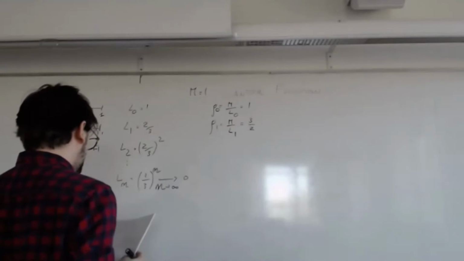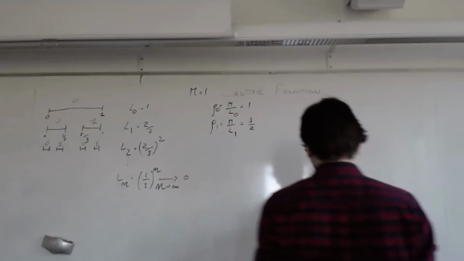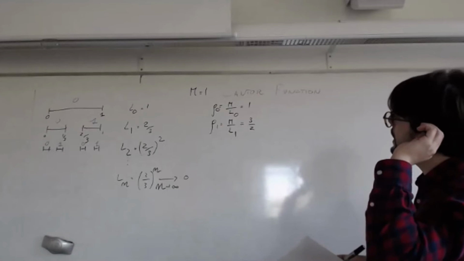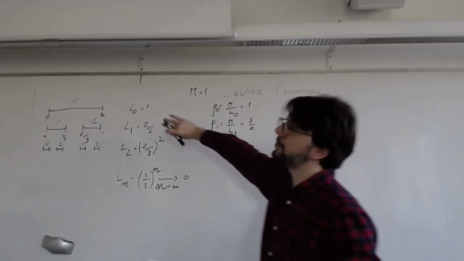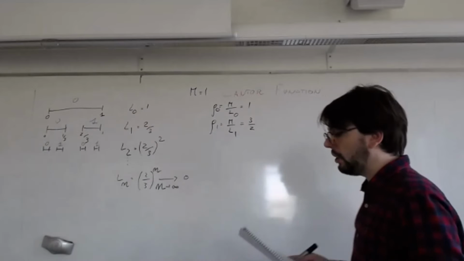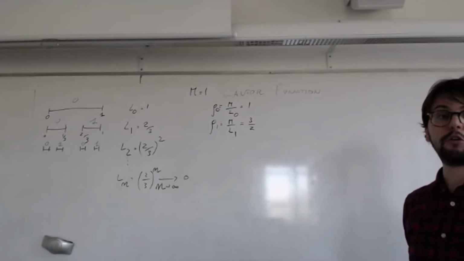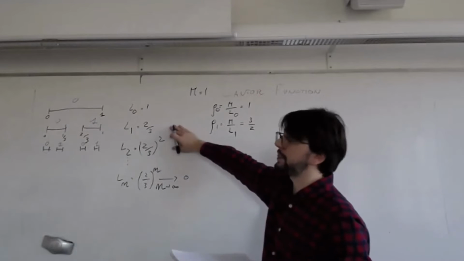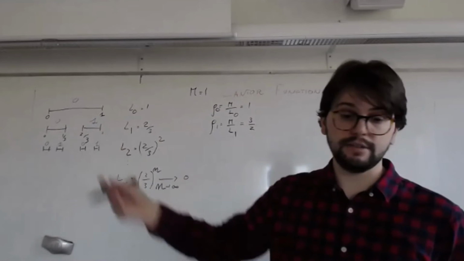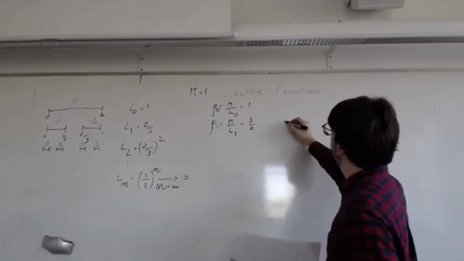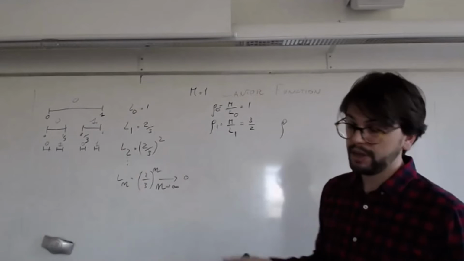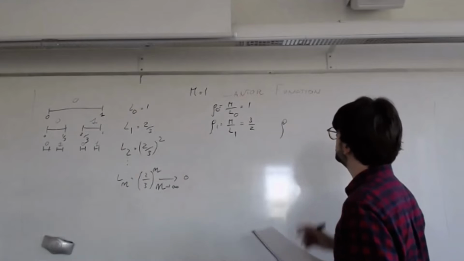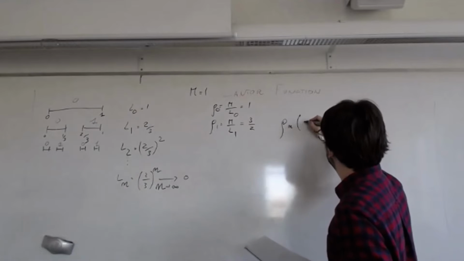Basically, what I'm doing here is defining the reciprocal of the length, of the measure of the sets. So I'm defining a density measure, if we want to go a little bit more formal.